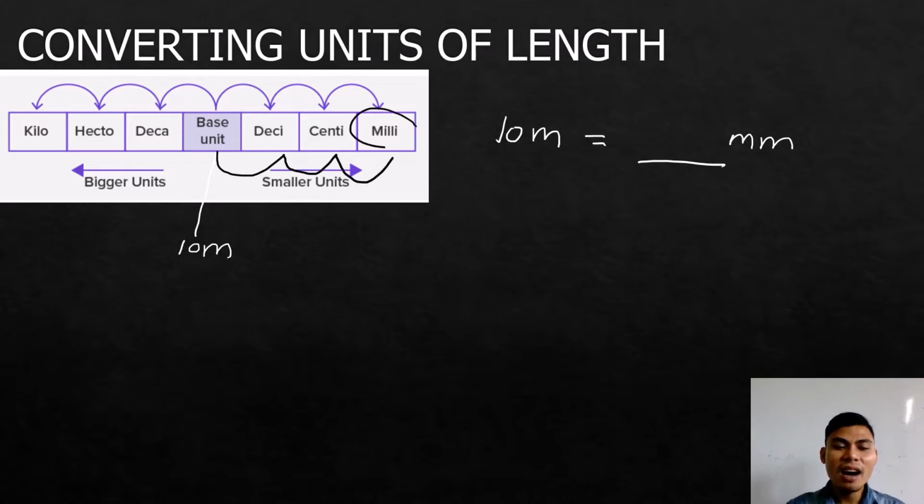This is the milli. Where is the decimal point? It's here, after the 10. So move 3 times, 1, 2, 3, and write zeros as placeholders. So we have 10,000 millimeters.